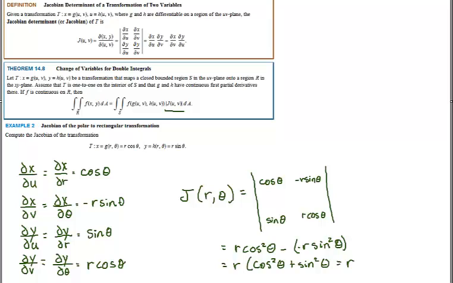So this equals r, which is a very nice feature, because that means if I'm going from rectangular coordinates to polar coordinates, this would just be whatever my function is, and then r dr d theta, which was what we had before with just our single integrals.